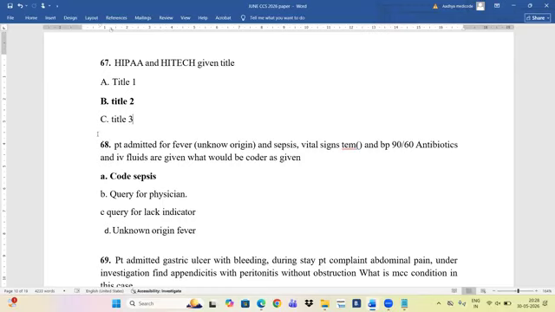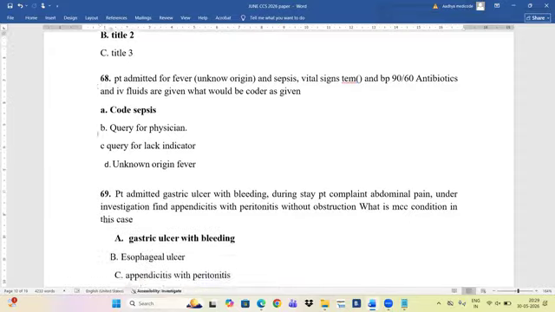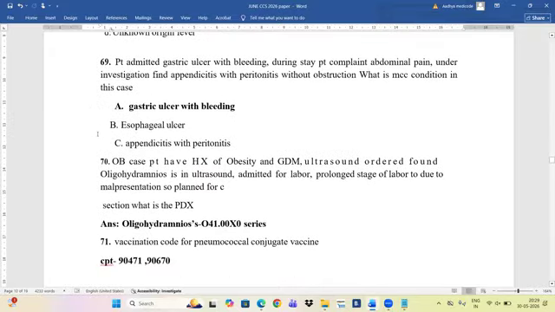When the established diagnosis is found, no need to raise the query, no need to code symptoms related to the condition. Clear?